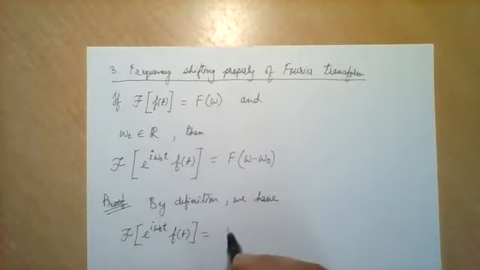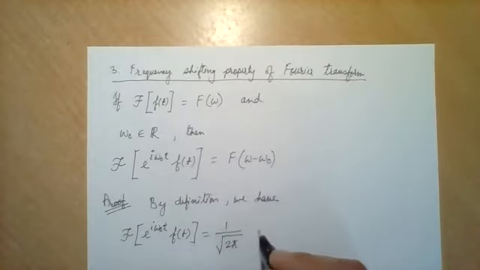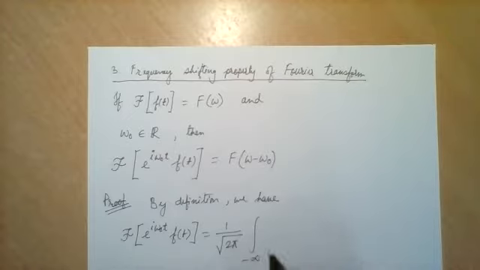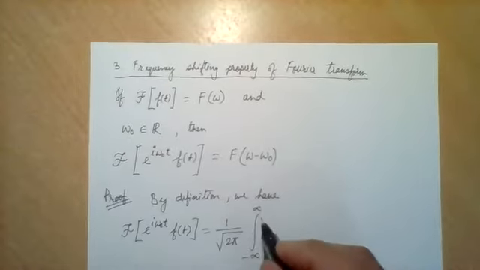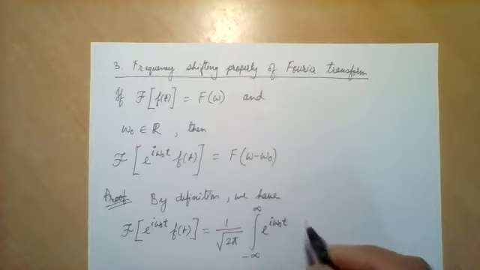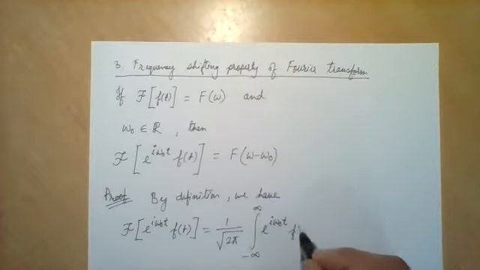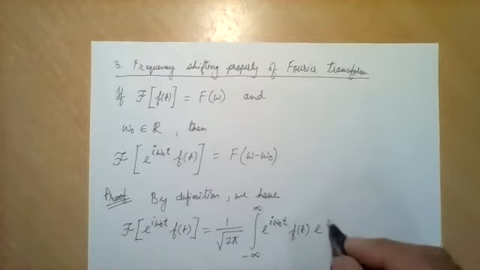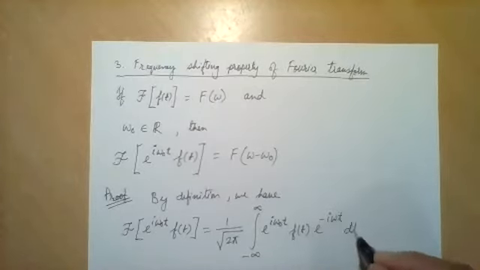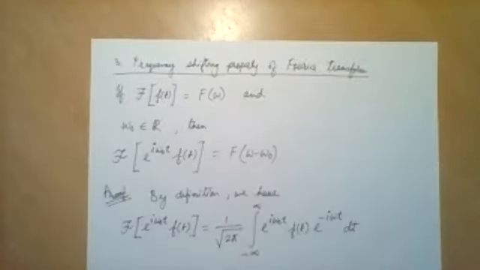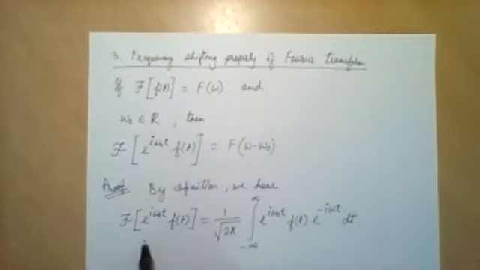It is given by 1 by square root of twice pi, integration from minus infinity to plus infinity e to the power i omega naught t f of t e to the power minus i omega t dt. Okay, this is the definition of Fourier transform of this function.